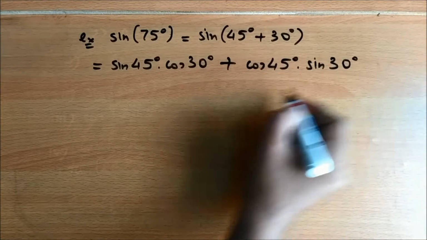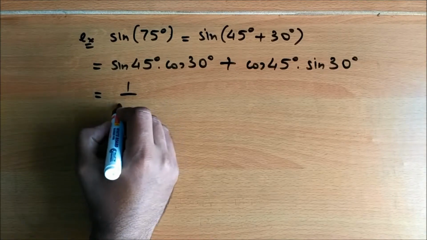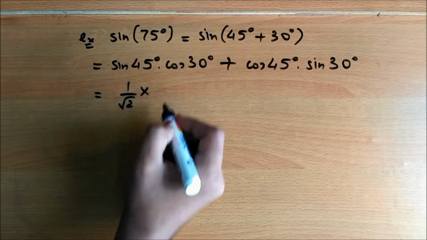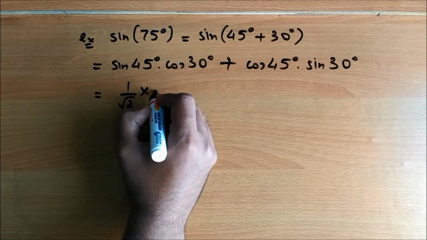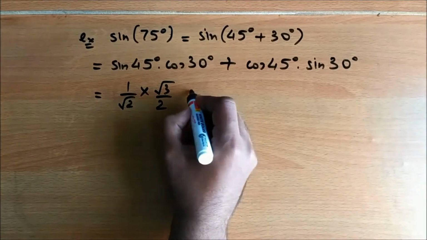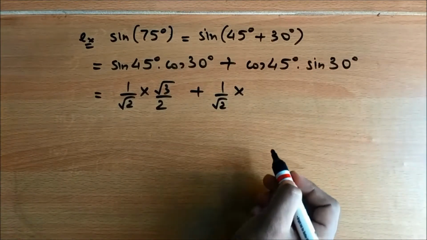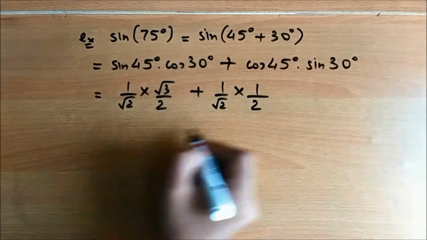Now simply substitute the standard ratios. Sine 45 is 1 over root 2. Cos 30 is root 3 over 2, plus cos 45 is 1 by root 2 and sine 30 is 1 by 2.